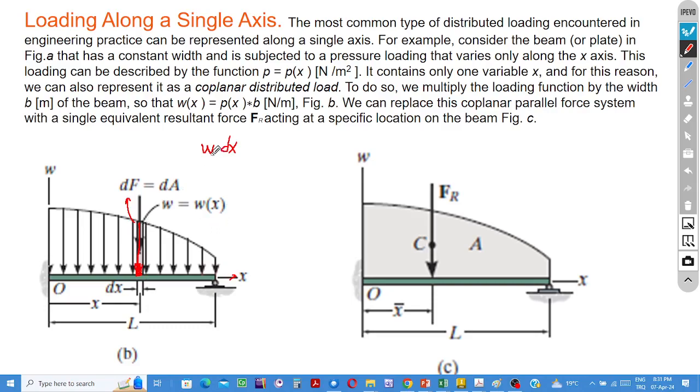W times dx is the area of the rectangle. It finds its place at that point under the load curve. This is one of the areas under the load curve, an infinitesimally small area. We have under the load curve an infinite number of infinitesimally small areas.